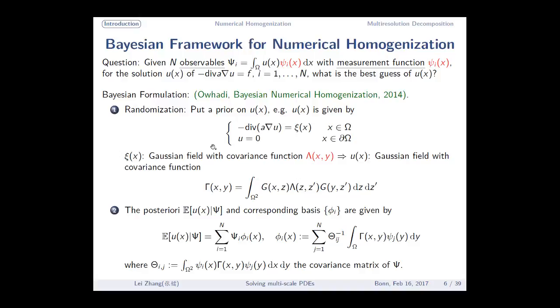We calculate the posterior expectation of U given psi, and similarly we get something like this, with the observables and the corresponding basis. And what is phi_i? You have to calculate this phi_i, but it's not a very hard calculation. It's something like this, where theta_ij is the covariance matrix of these observables psi.